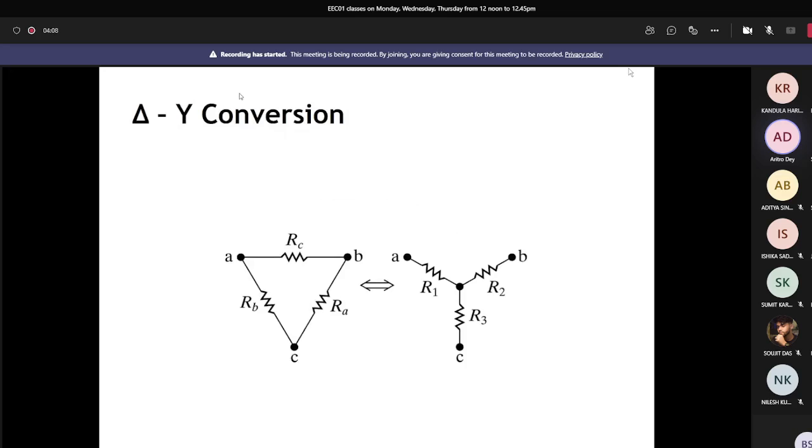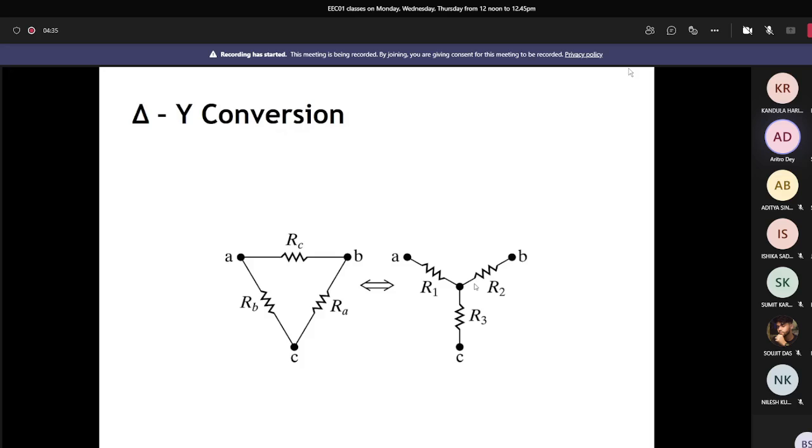In some cases I'll show some problems where it won't be very easy for us to resolve the problem using our series and parallel approach. There, if we convert the delta in terms of star, then the things become much easier to reduce the circuit.